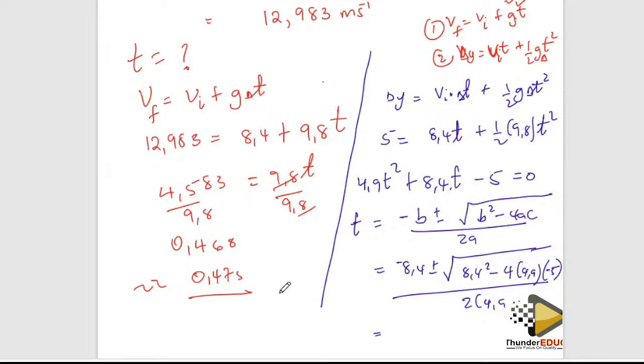I'm using a plus sign. If I use a plus sign, it gives 0.47 seconds. And then if I switch the plus sign to a minus, I get negative 2.818 something. So I get the same answer. All right.